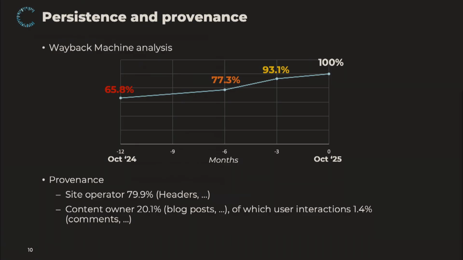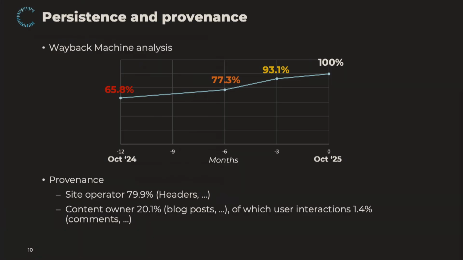We took the snapshot of Common Crawl of October 2025, and we sampled the Wayback Machine at 3 different intervals: 3 months prior, 6 months, and 12 months. What we discovered is quite interesting: a year prior to our experiment, 65% of our prompts were already available.